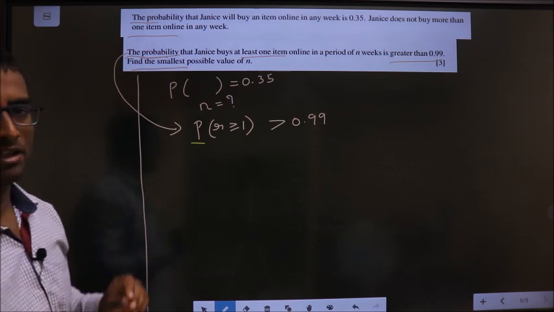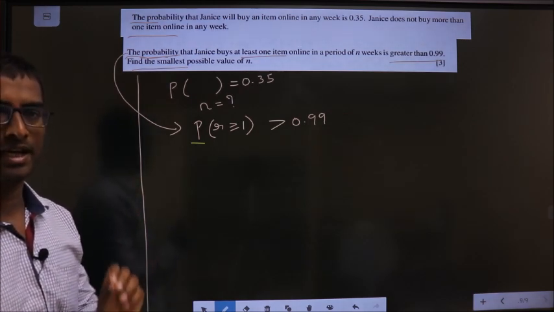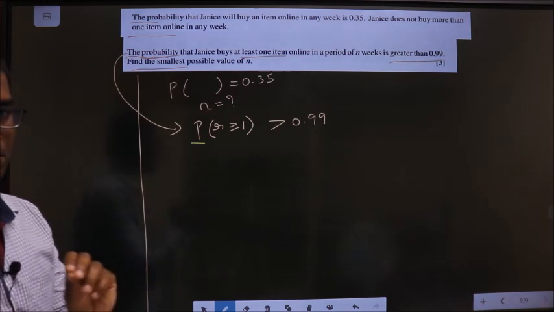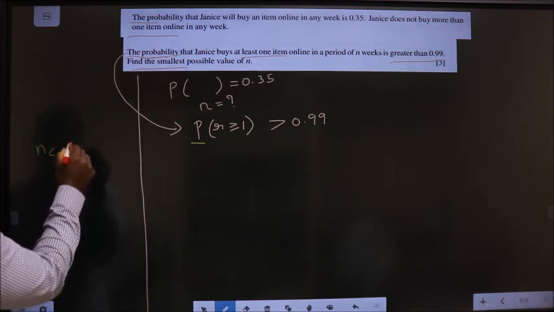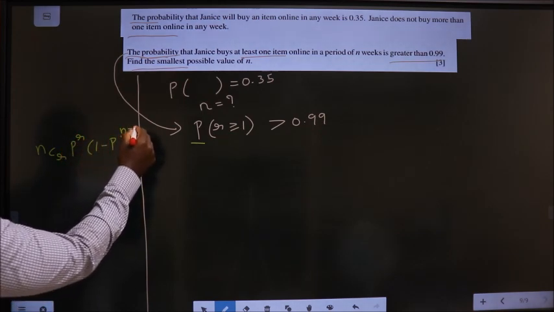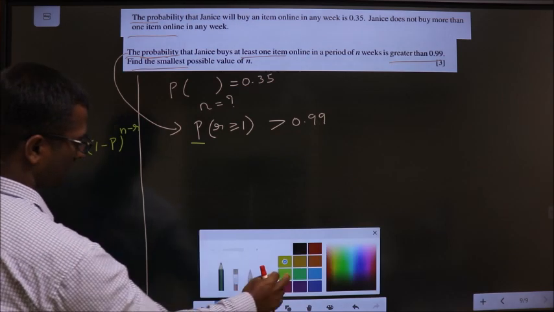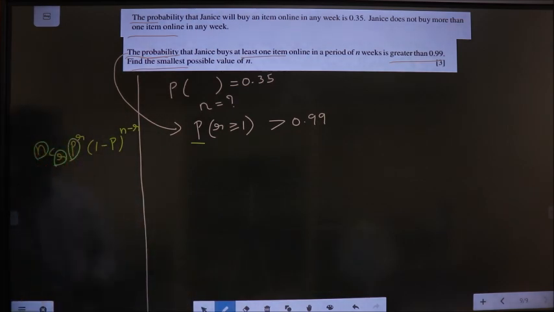Here you should get the idea of using binomial distribution, and the formula for binomial distribution is nCr p power r, (1 minus p) power n minus r. You should know the value for n, r and p.